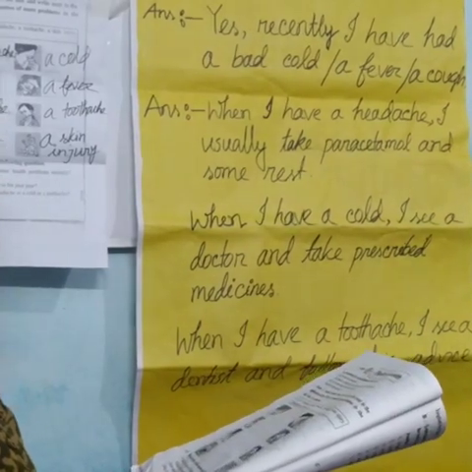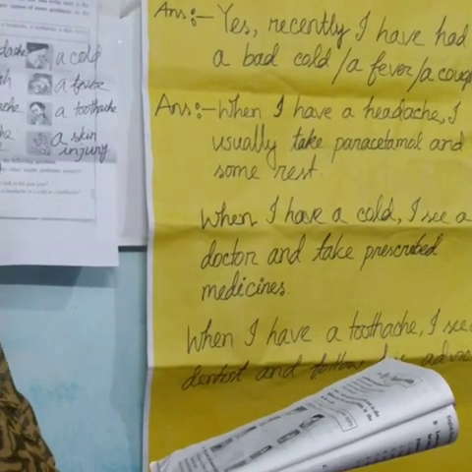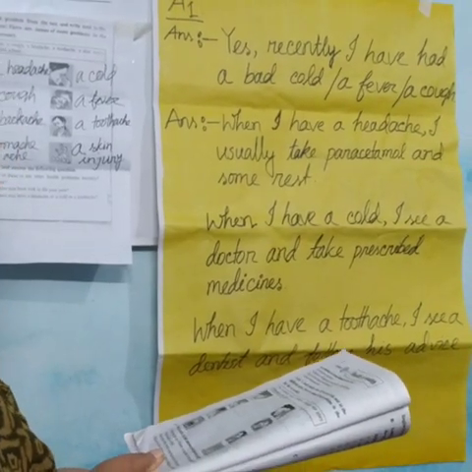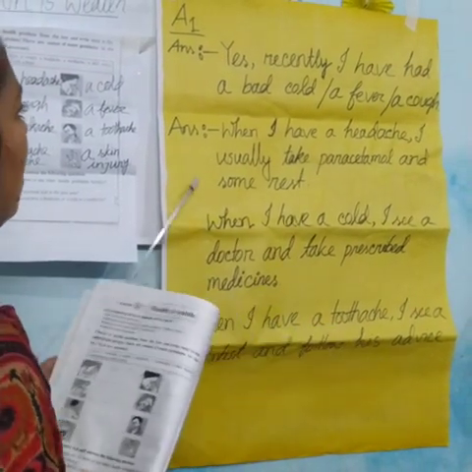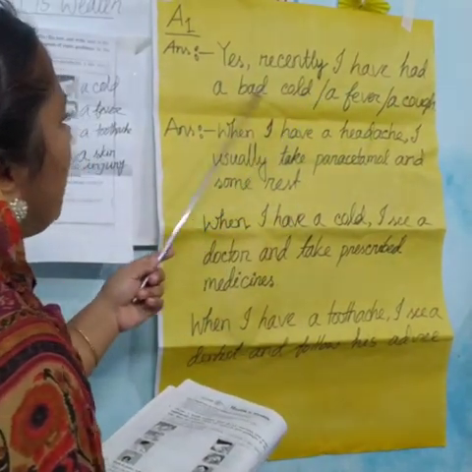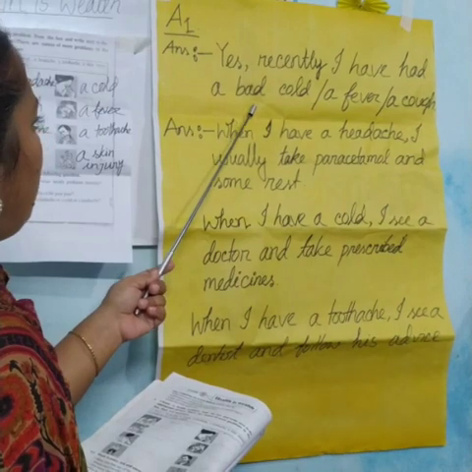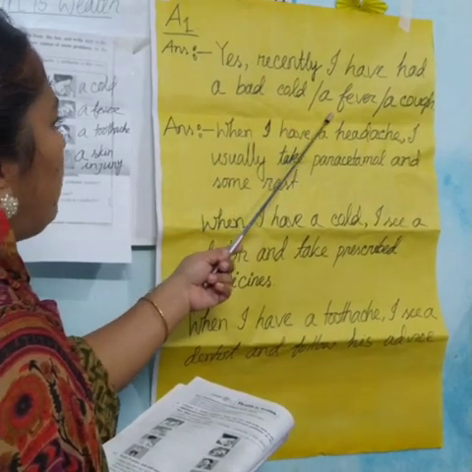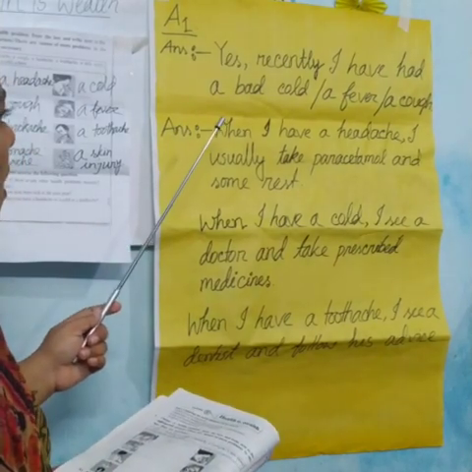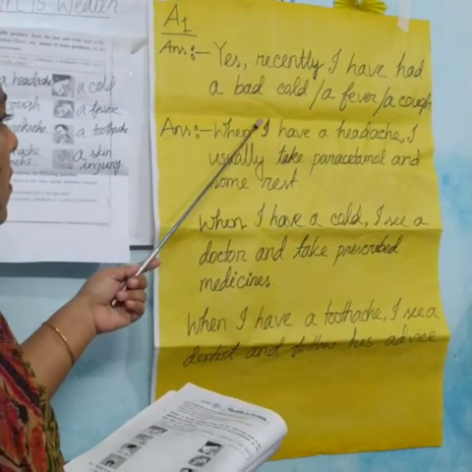Have you had any of these or any other health problems recently? The answer is yes, recently I have had a bad cold, a fever, a cough. We can write any of the problems.